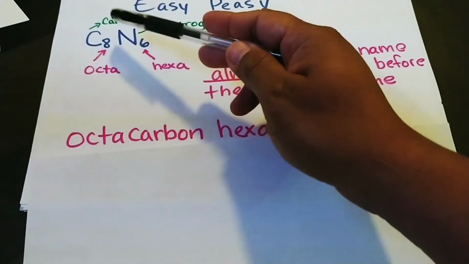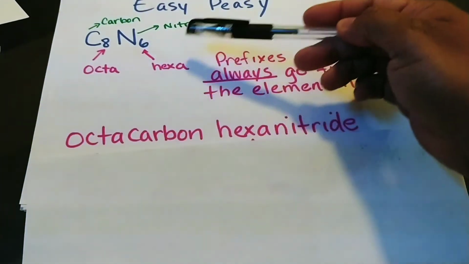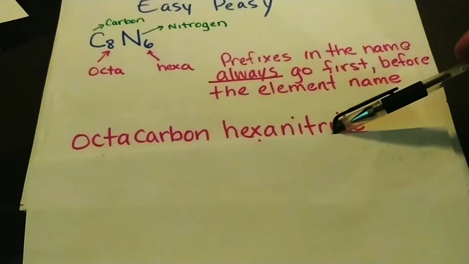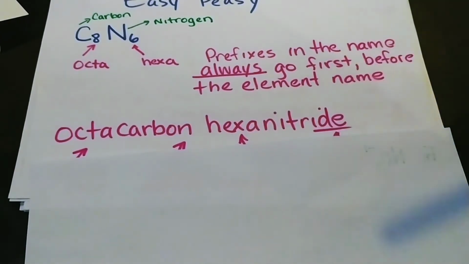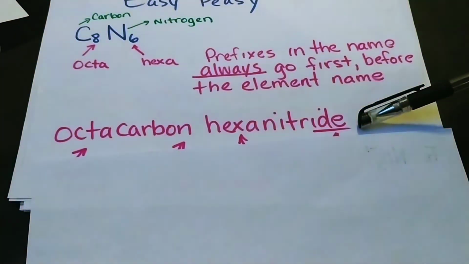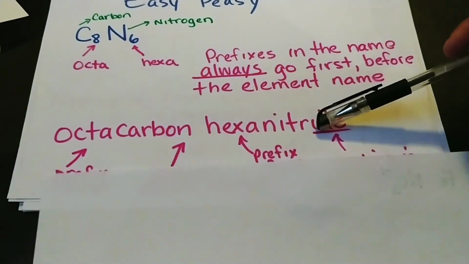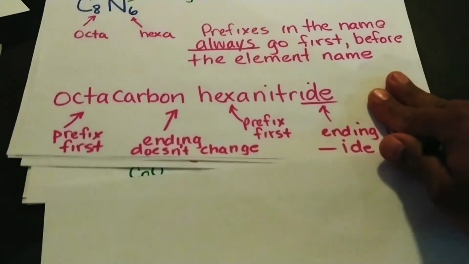So octacarbon, hexa, and remember this was nitrogen. But the ending for covalent compounds, which are also called molecular compounds, for the second word will always be ide.